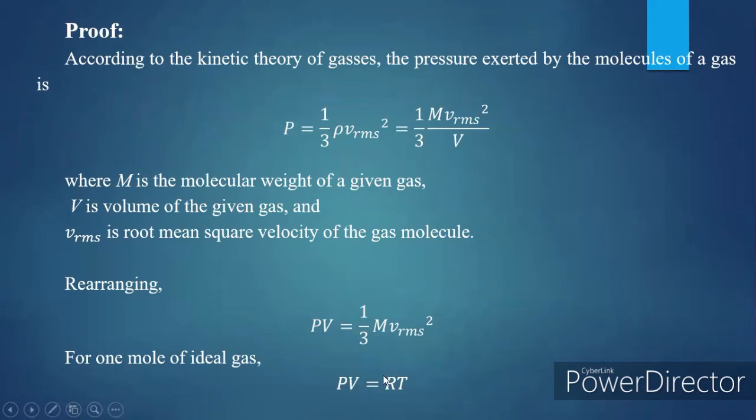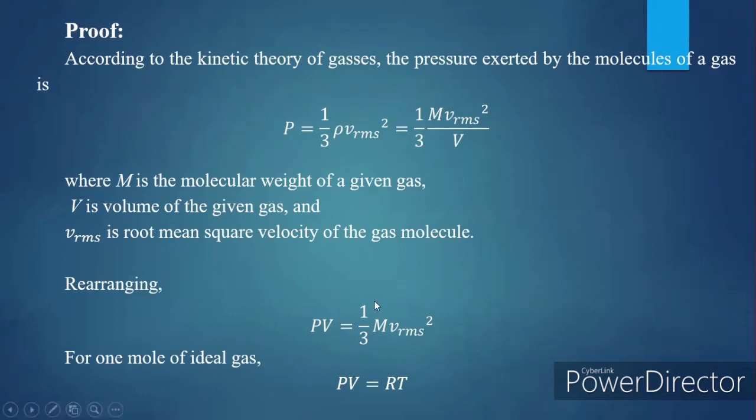And both are true for 1 mole of the gas. This is 1 mole of the gas because we have taken capital M as molecular weight. Molecular weight is actually defined as the mass of the gas sample which contains 1 mole of the gas. 1 mole is the molecular weight.